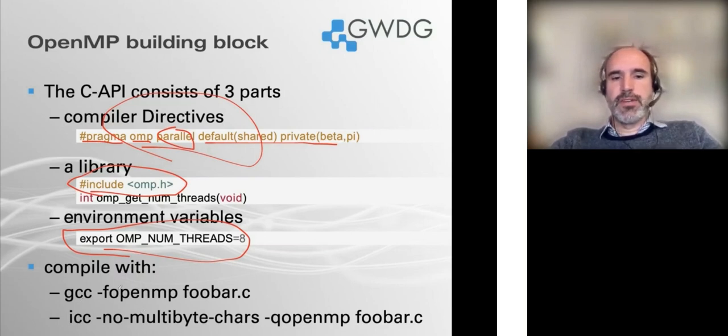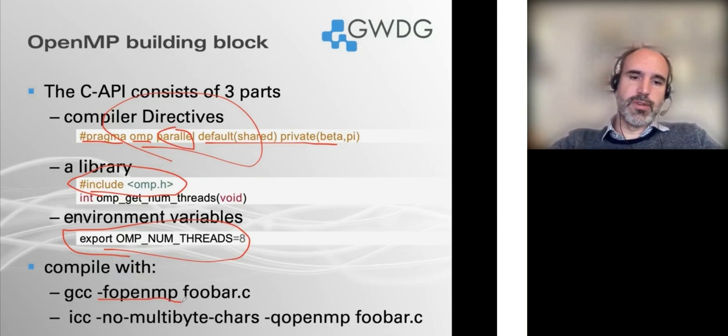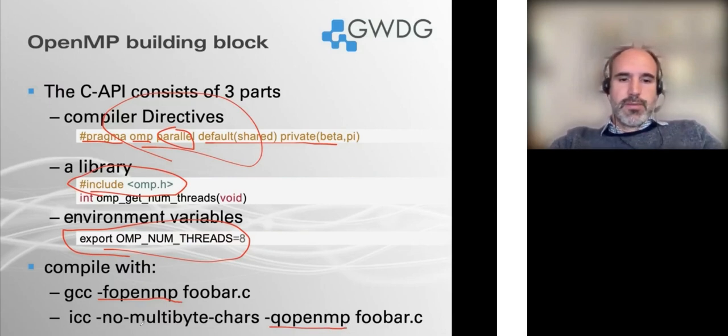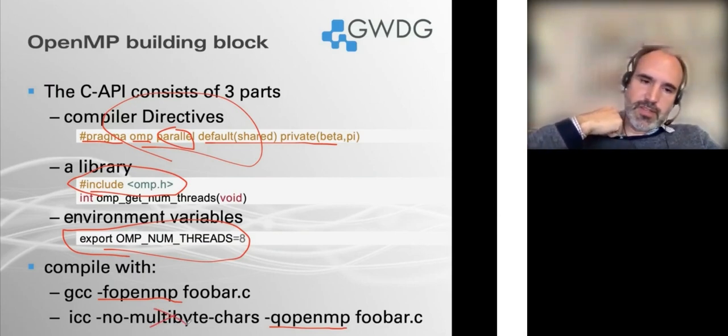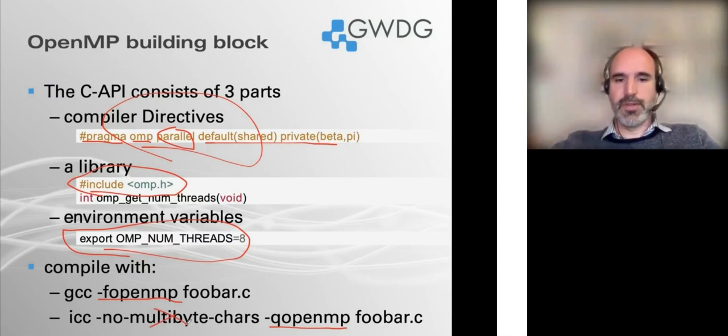To compile with the GNU compiler, you just use the flag -fopenmp. And for the ICC compiler, it would be the flag -qopenmp. This no multi-byte characters message, I think this is a bug of my shell. I'm not sure if you have to use it, but I keep it here just to remind myself that I have to check this properly.